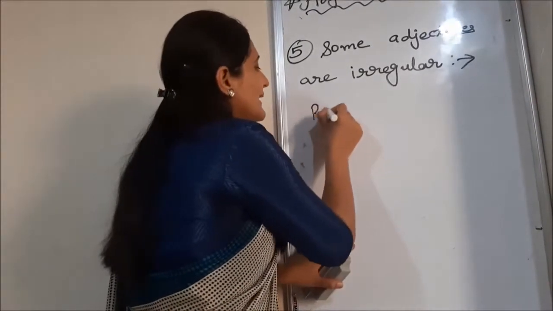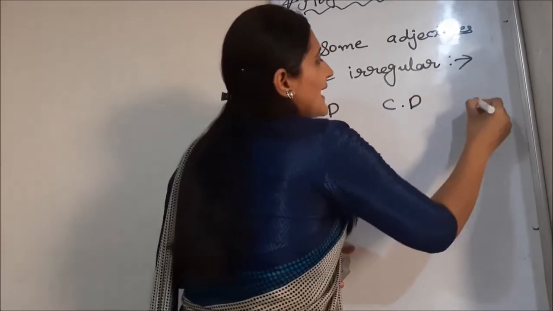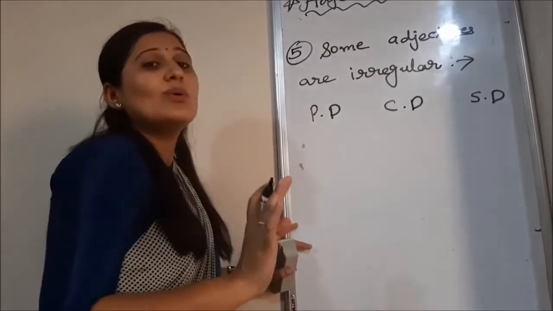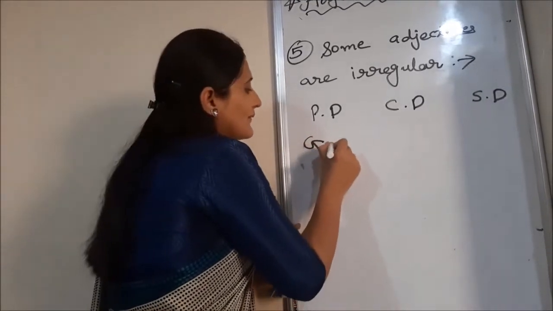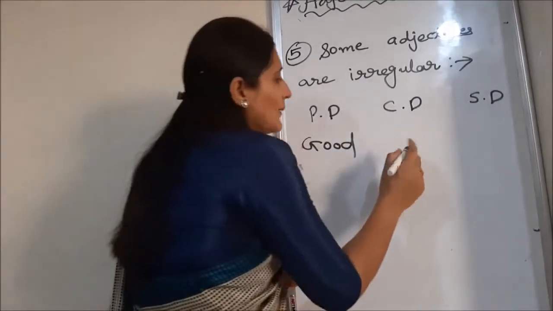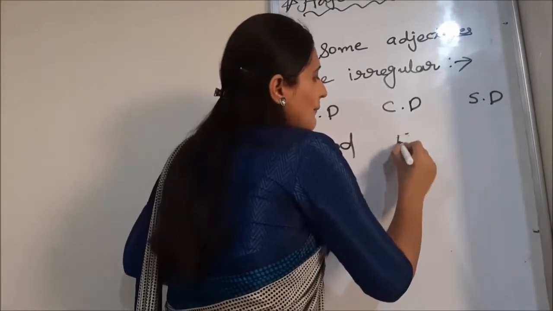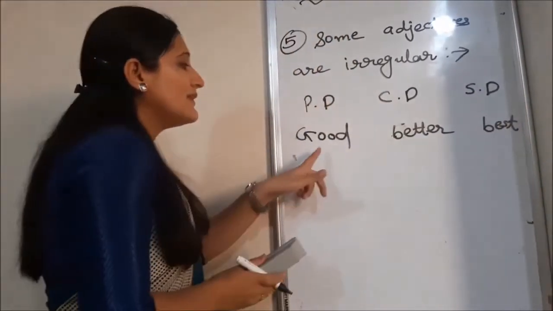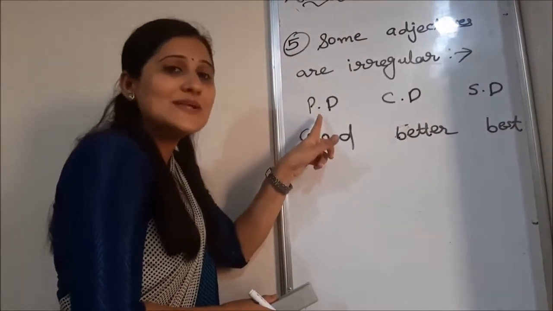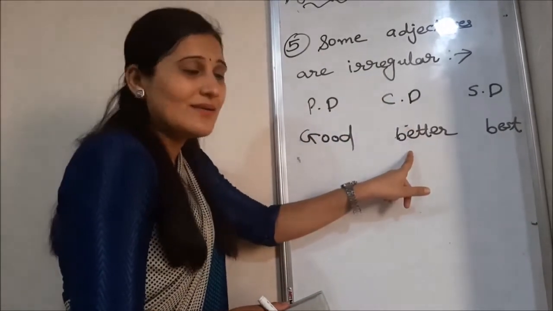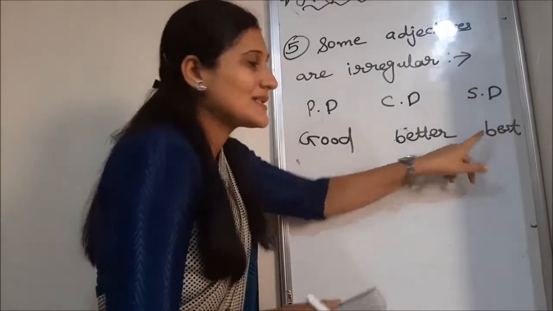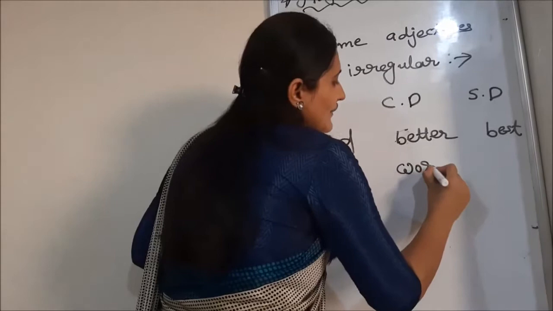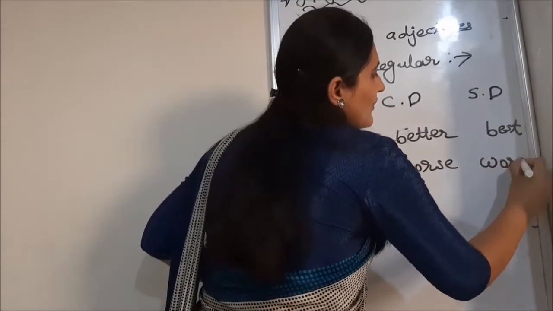Why? Let me tell you. Here this adjective will not stay the same, it changes. For example, in positive degree good, then in comparative degree better, and in superlative best. If bad is given, then you will write worse, and here worst.